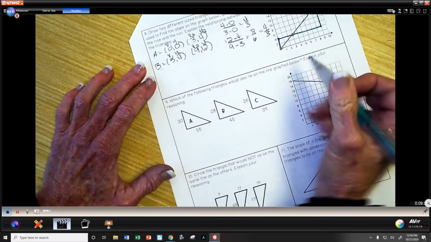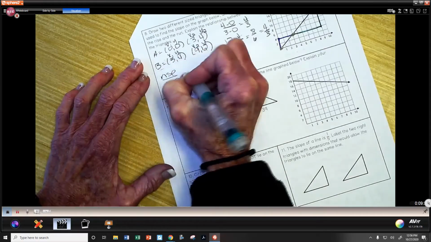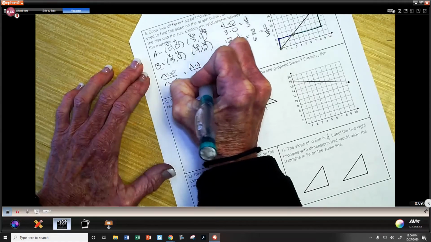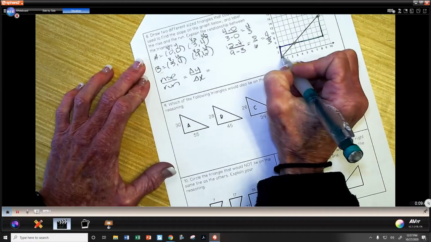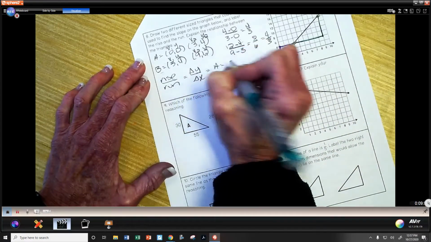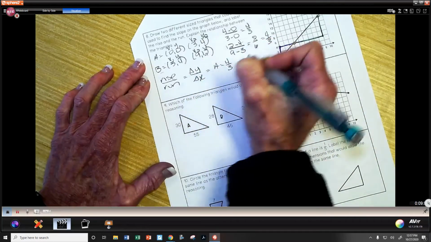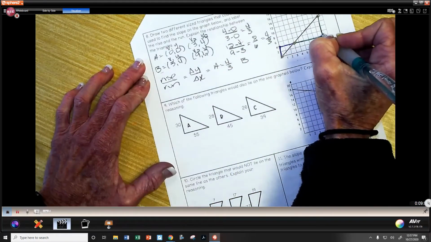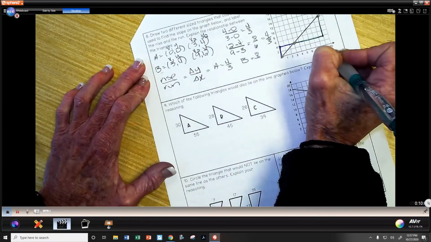Let's now do rise over run. Which really is just the change in y over the change in x, which is the same thing as this. Okay, so my rise here, so this is for A, would be 4 over 3. And for B, I am going to go up 1, 2, 4, 6, 8.